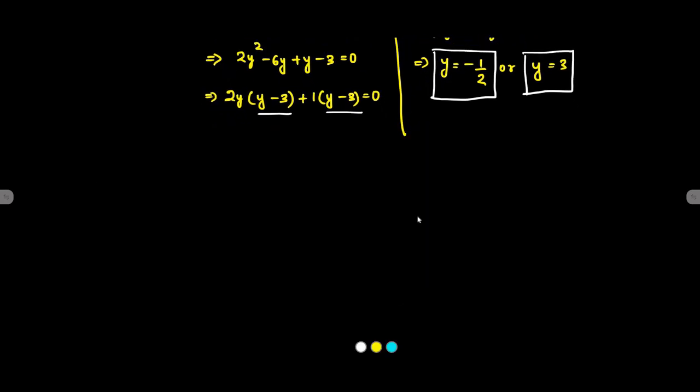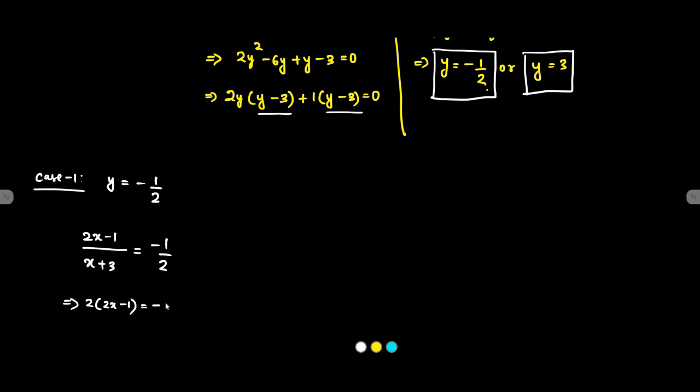In the first case, y is equal to minus 1 by 2. So here (2x minus 1) by (x plus 3) is equal to minus 1 by 2. That implies, doing cross multiplication, 2 into (2x minus 1) is equal to minus 1 into (x plus 3).